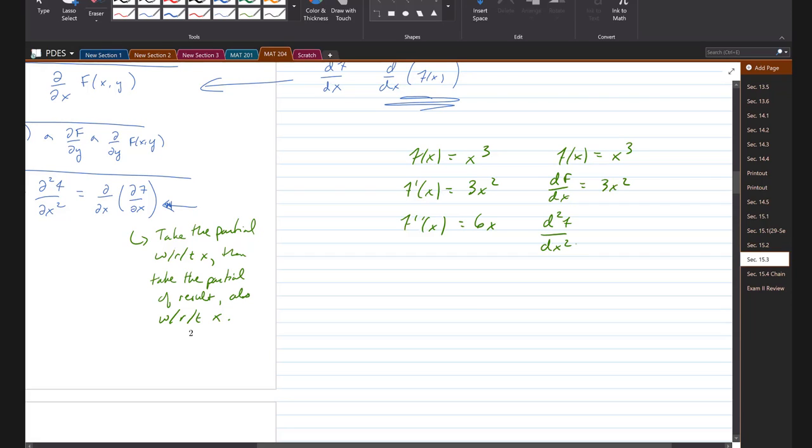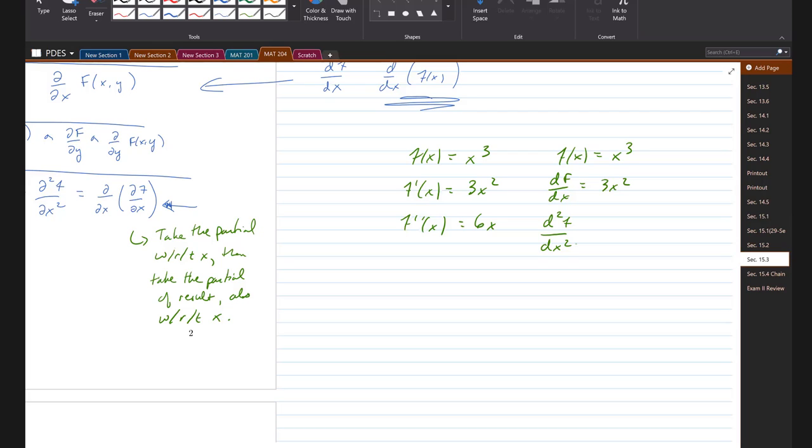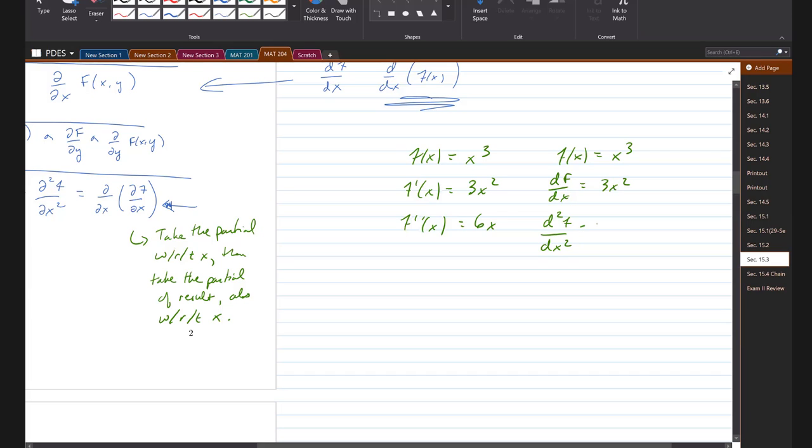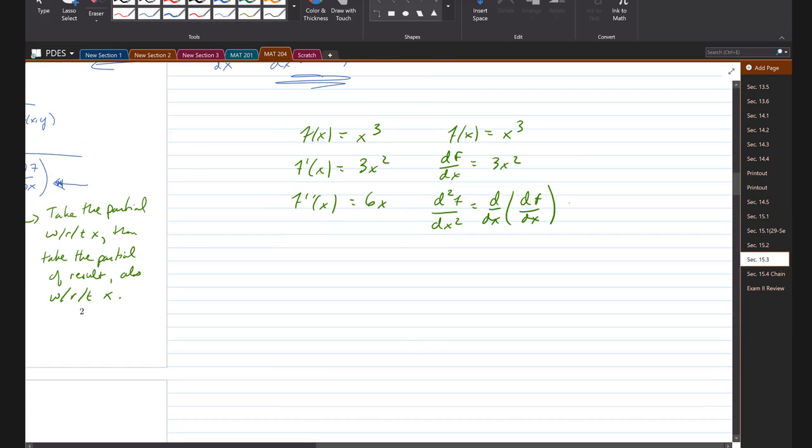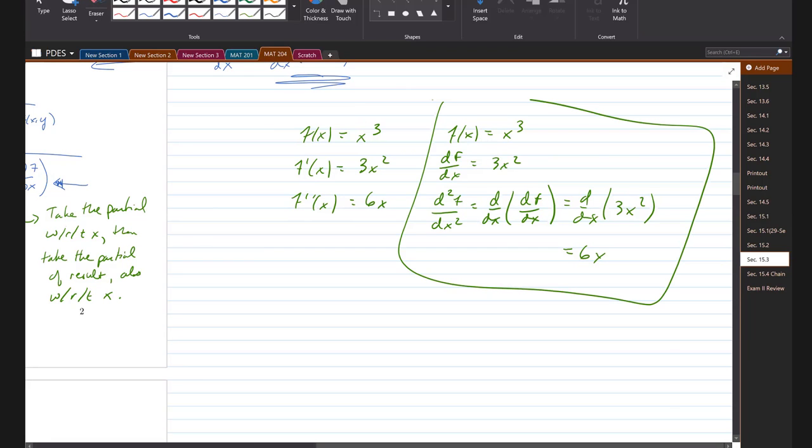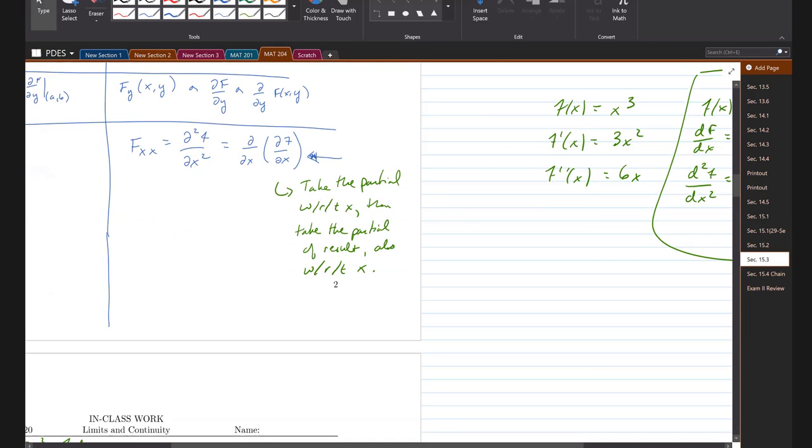Most of the time, you guys didn't even think about what was in that denominator, which didn't matter because we only had one variable to take it with respect to. But this meant to take the derivative with respect to x of the first derivative. Take the derivative of the derivative, which would be to take the derivative with respect to x of your previous answer, which is how we get 6x. That's exactly what I did over here.